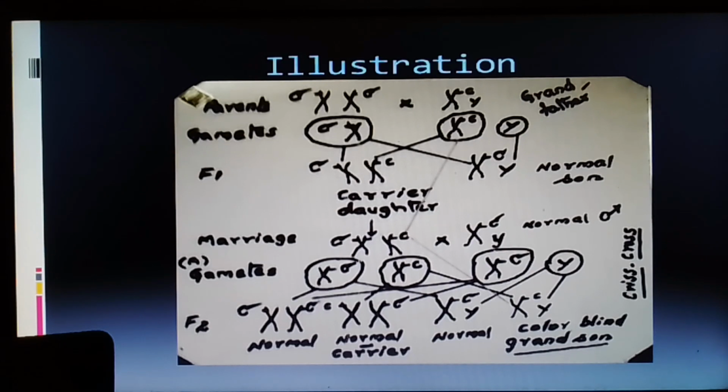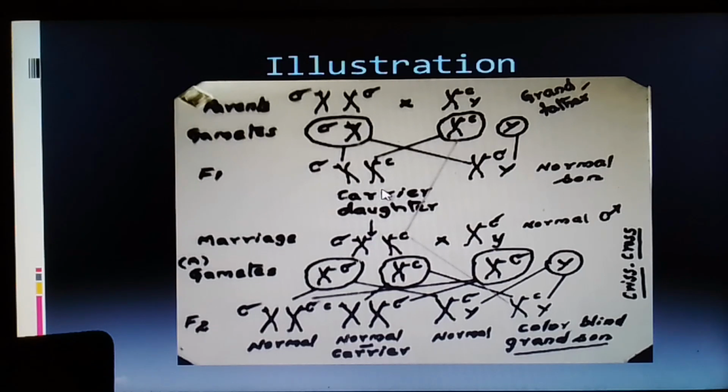Phenotypic character you might have heard. That is, externally the daughter seems to be a normal individual regarding color distinction, but internally, genotypically, at the chromosome level, it carries small c, so it is a carrier for the color blind gene.